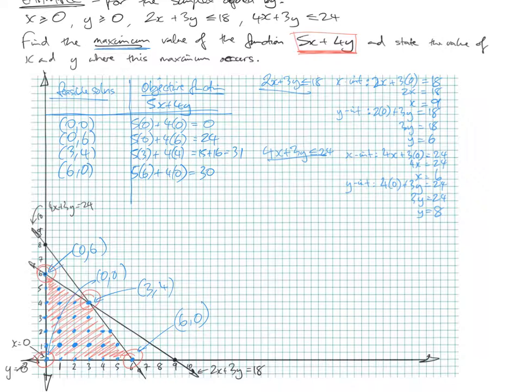And we were trying to find the maximum value, therefore the maximum value occurs at 3, 4, which is 31.